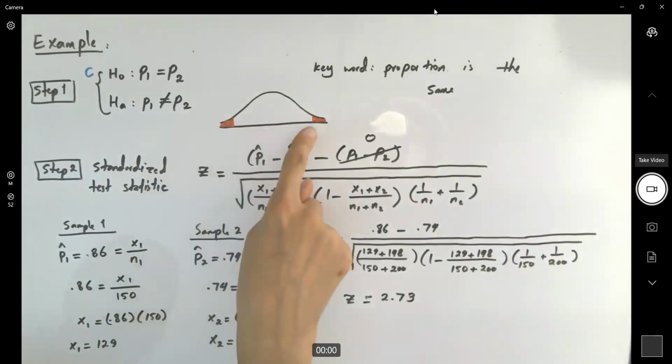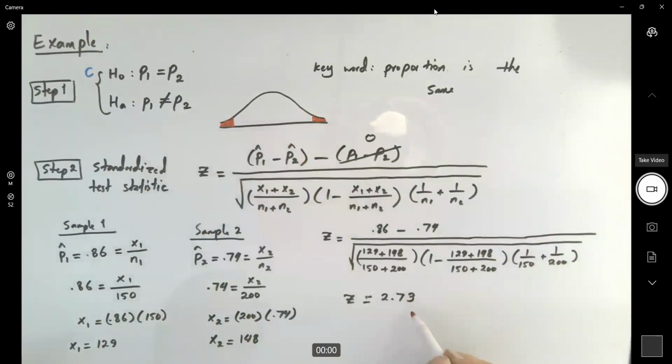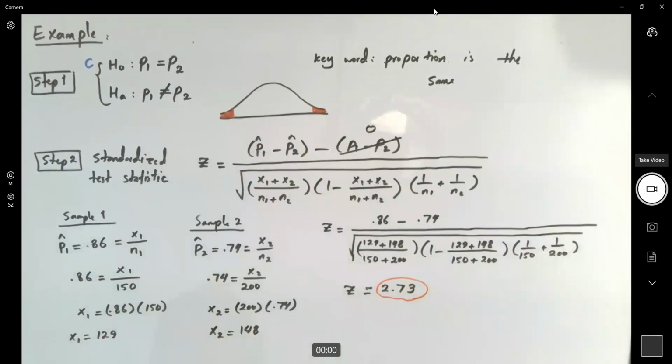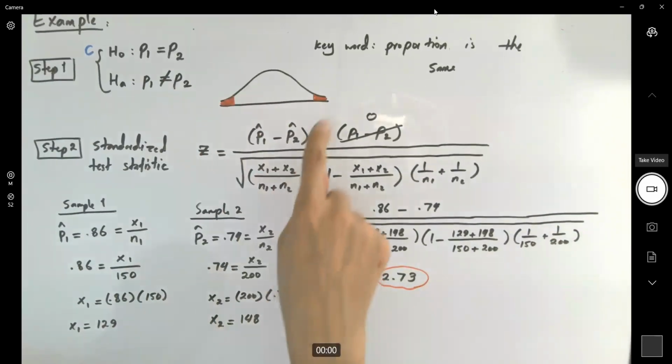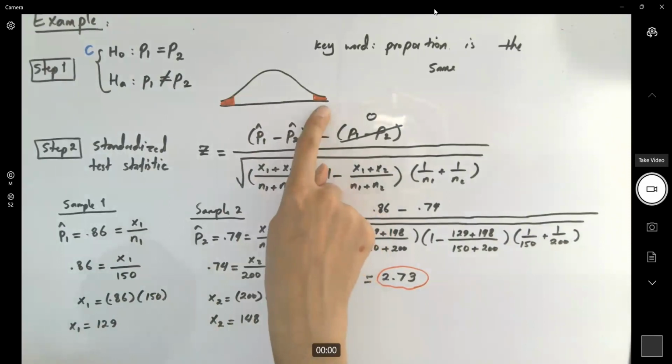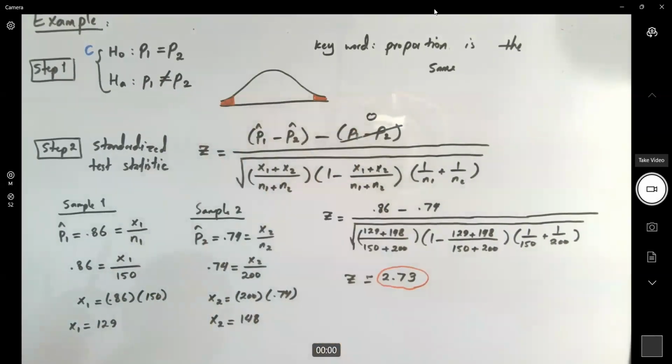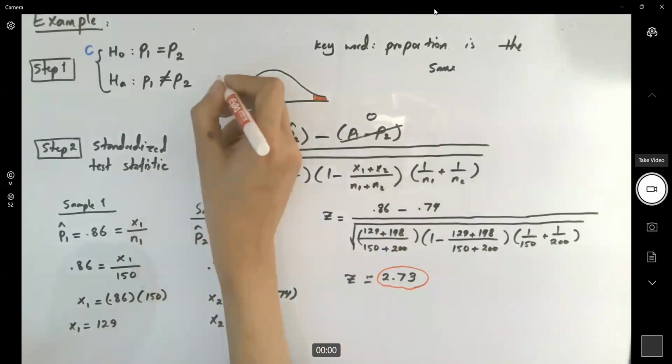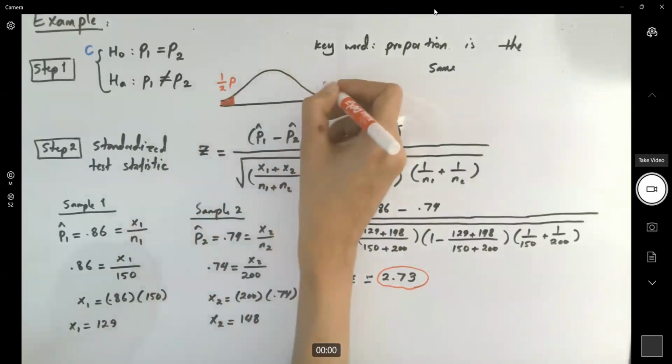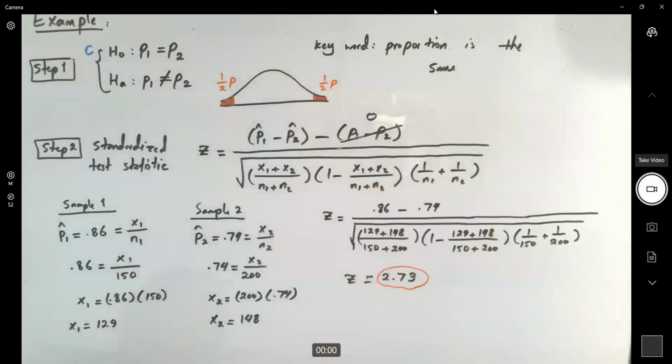I have my z, which is here. Now that I have my z, I can find this little area and multiply it by 2 to get the whole area, because this is a half p-value, and this is a half p-value. Let's take a look at our calculator.